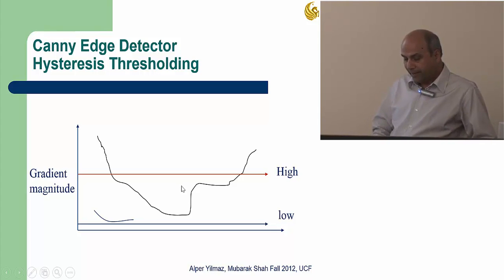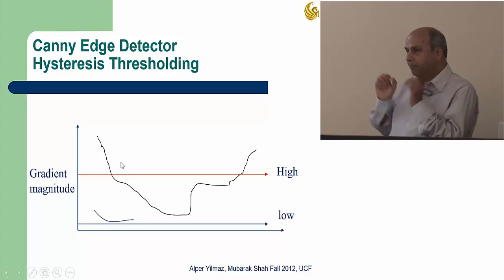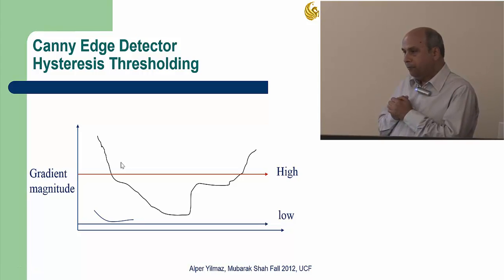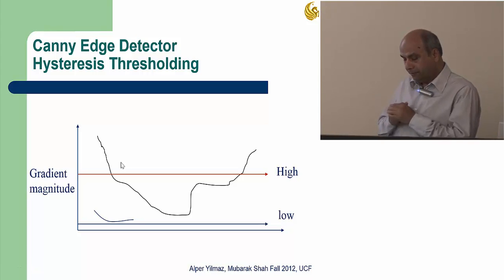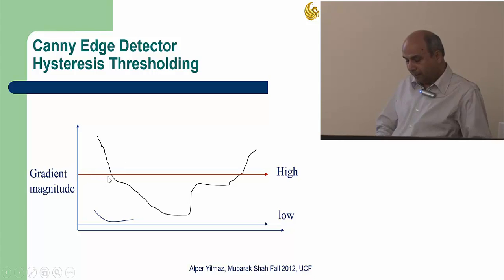So we are going to say, if there is an edge point which is above the high threshold, like this one, we will look at its neighbors, this one, this one, this one. All of those, if they are above the low threshold, we are going to select. And suppose this is also above the high threshold, then we pick that and select it.